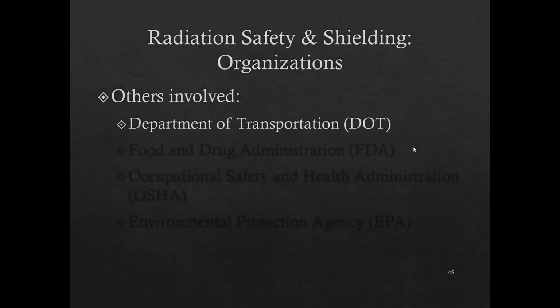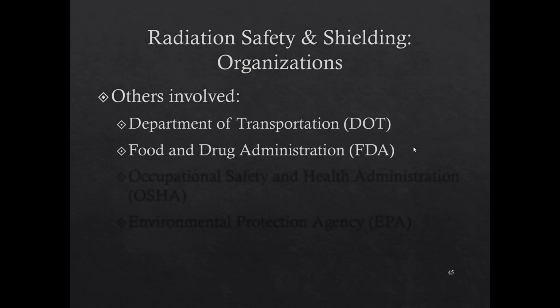They're involved whenever transport of radioactive materials is at play. Then you have the Food and Drug Administration, the FDA. They're actually the ones responsible for managing the linear accelerators. Linear accelerators, and X-ray producing machines in general that are not nuclear in nature, are governed by the Food and Drug Administration.